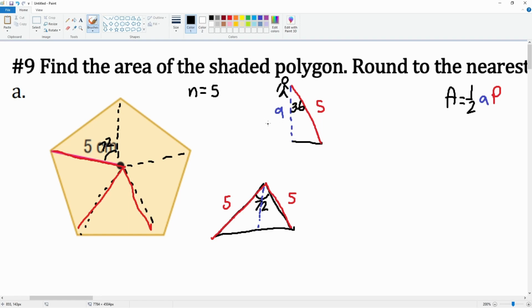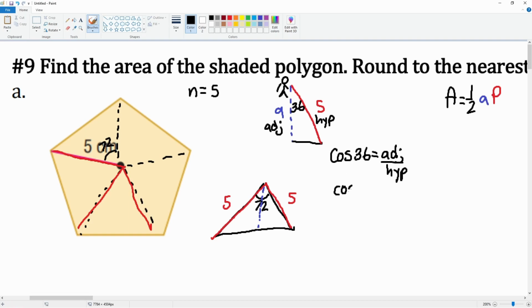From the angle, the apothem here is the adjacent, and the 5 here is the hypotenuse. Adjacent and hypotenuse is cosine. So cosine of 36 degrees is equal to my adjacent over my hypotenuse.